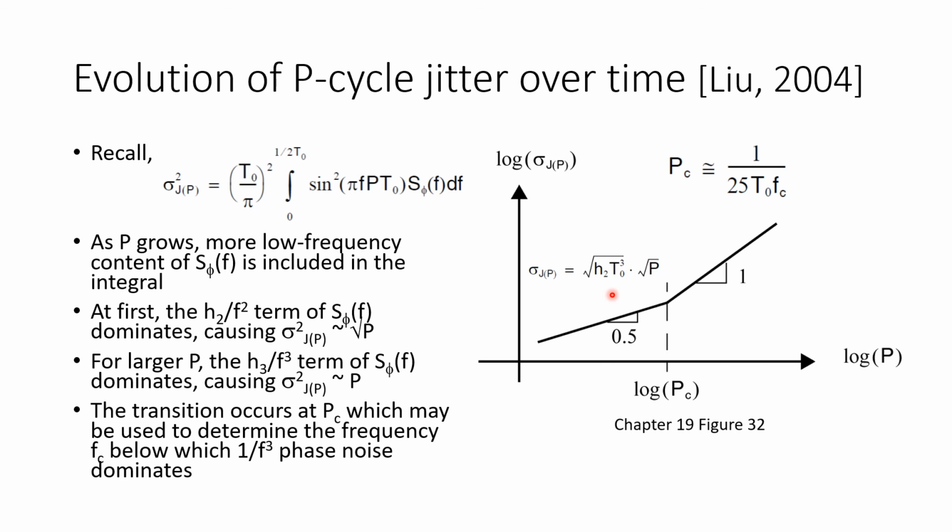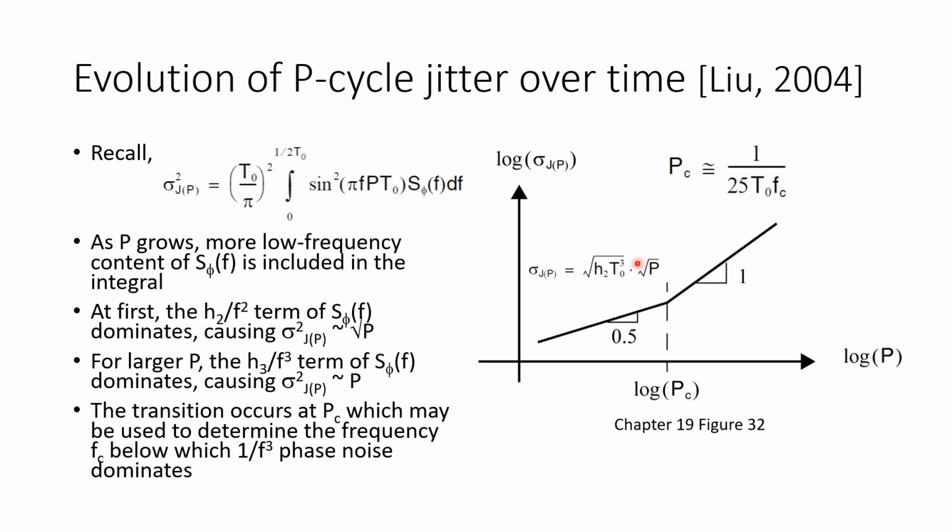You can see this analytically just by neglecting other terms in the phase noise and assuming that the integral is really concentrating only on that part of the phase noise plot. And you can get an analytical result like the one shown here that suggests that the p-cycle jitter simply increases in proportion to square root p.